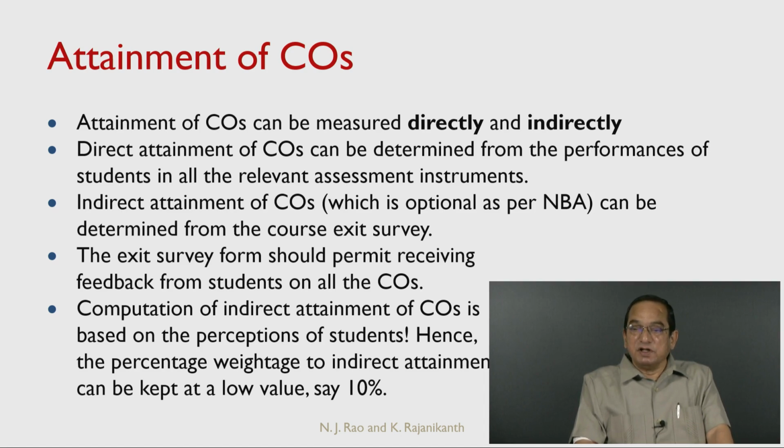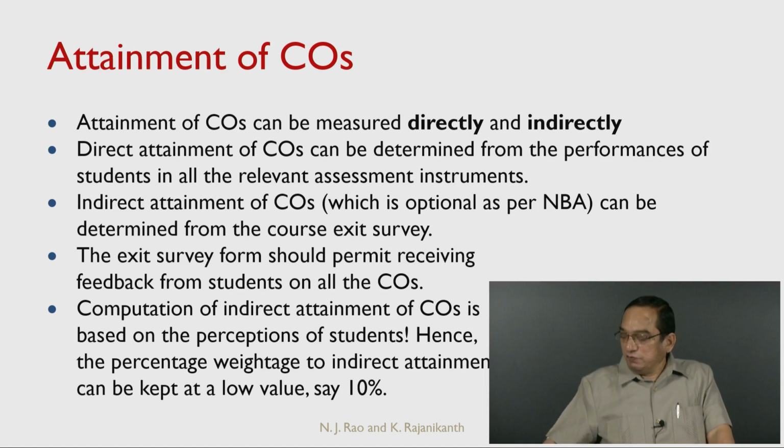Thus, this is called indirect method, and the percentage weightage to indirect attainment generally is kept at a low value of say 10%. The method of computing the CO attainment using the course exit surveys is optional as per NBA. The department can use this method and have a weightage of 10% for this method, or it can ignore this method and determine the CO attainment based only on the performance of the students. In other words, use only direct attainment.